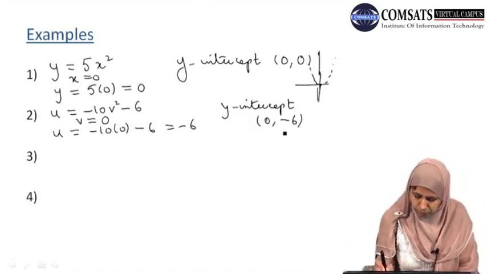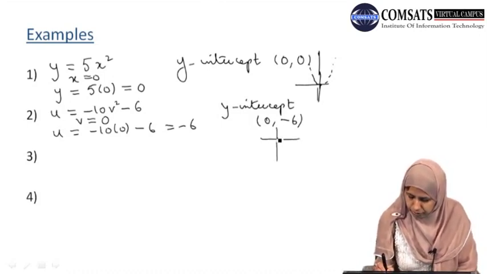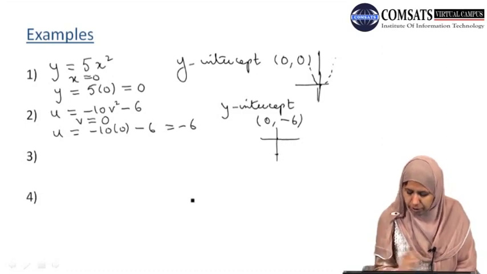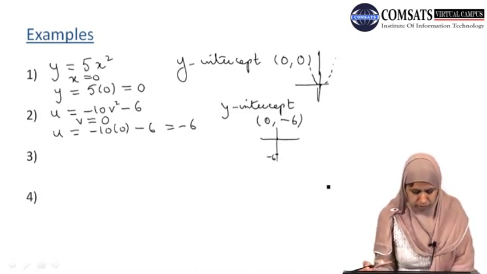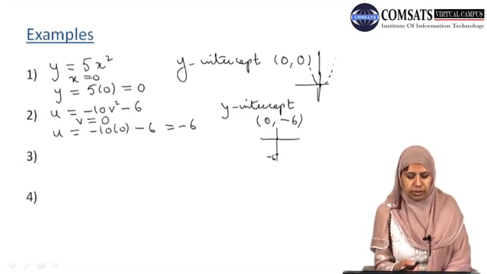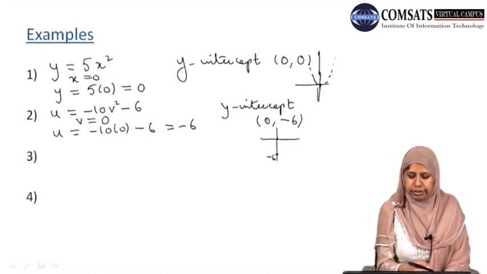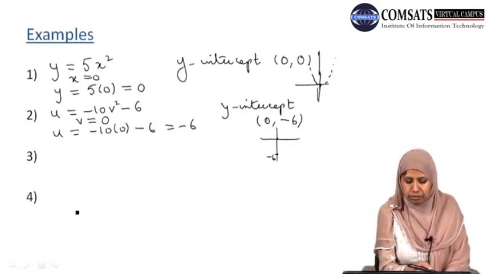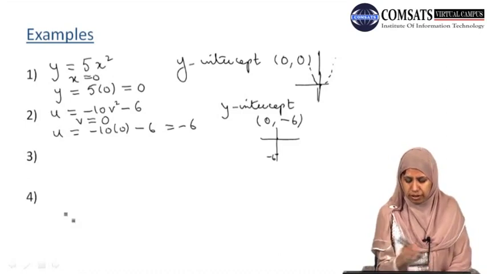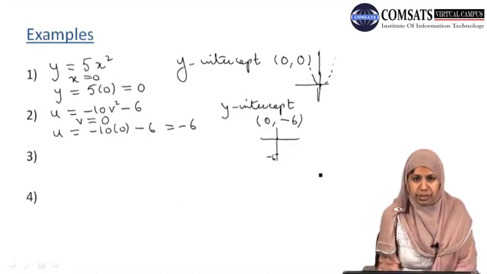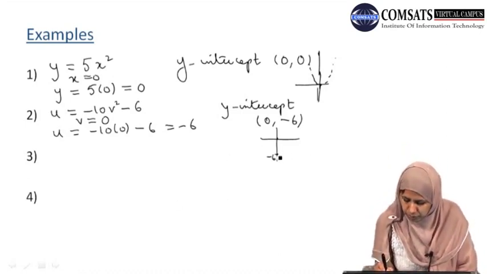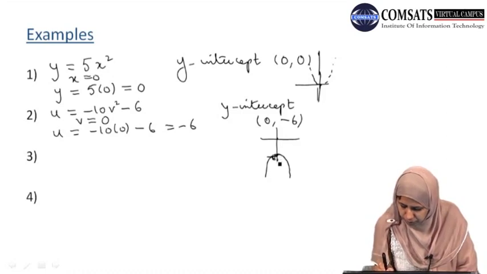That is what the graph will roughly be. If this is 0, our origin, and this is minus 6. So will the graph be concave up or down? We have just solved this example, and the graph is concave down because the coefficient of v square is negative, and it intersects the y-axis at this point. So this is the graph of our given function.